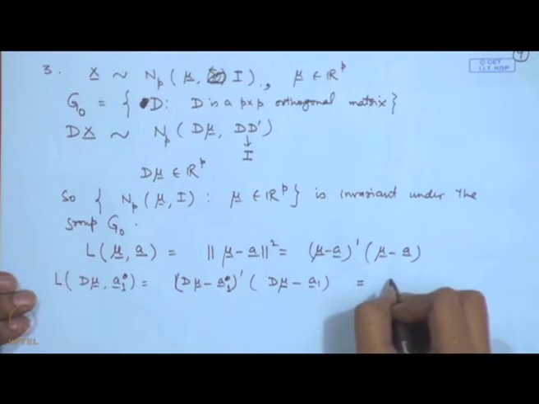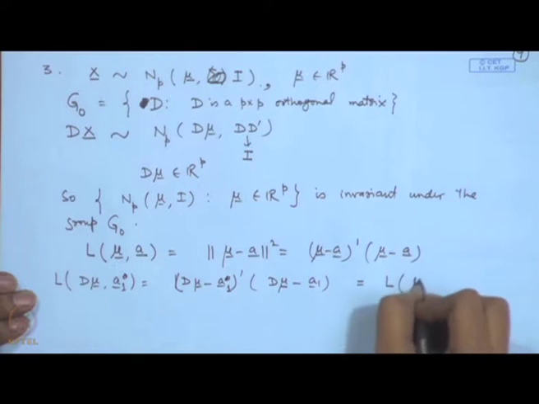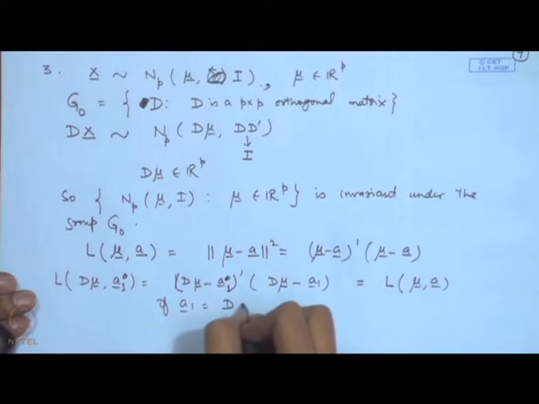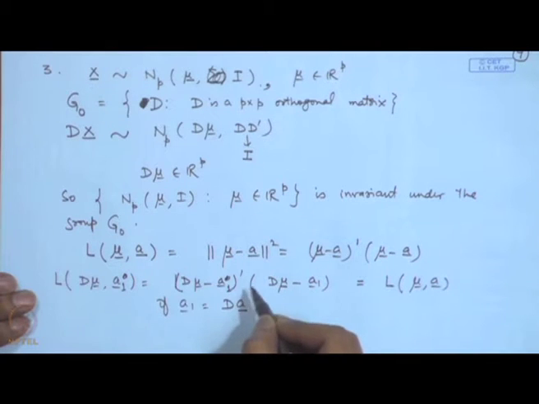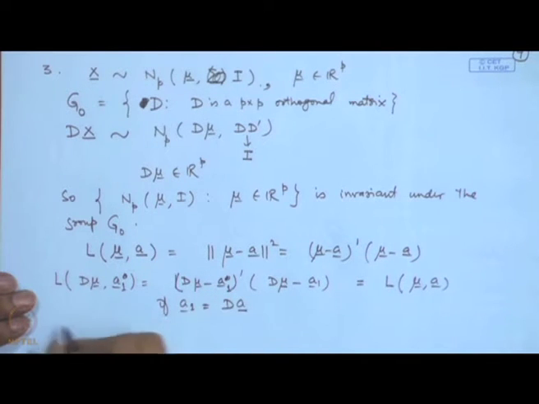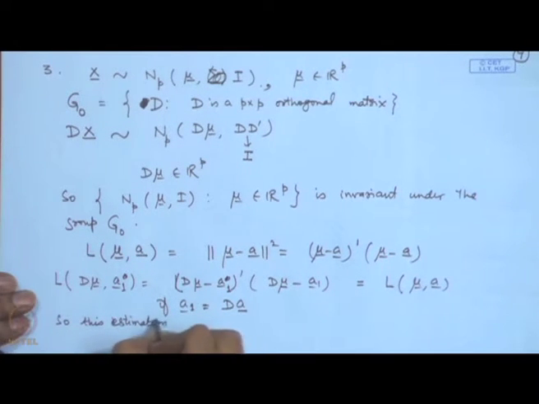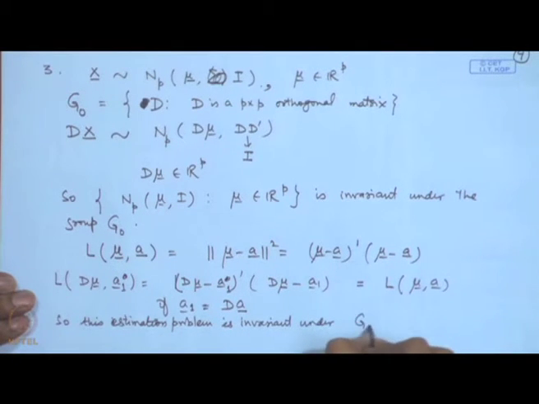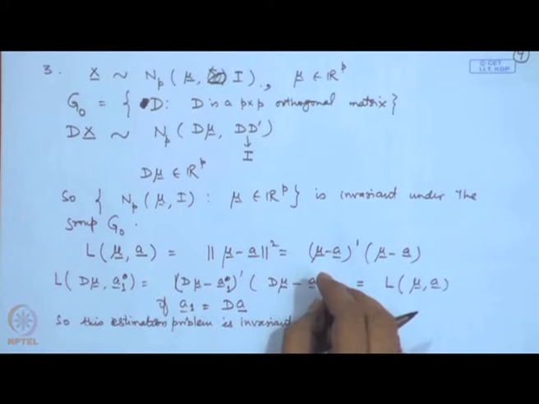Now, this will be equal to L(mu, a) if a1 is equal to D a. Because of the orthogonality, D prime D will become identity. So, this estimation problem is invariant under the orthogonal group G_O.